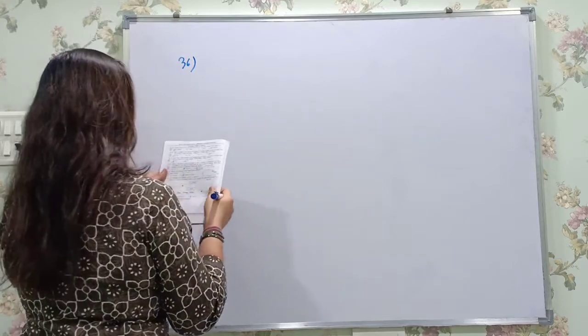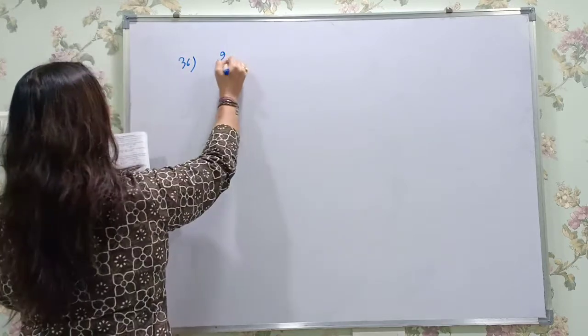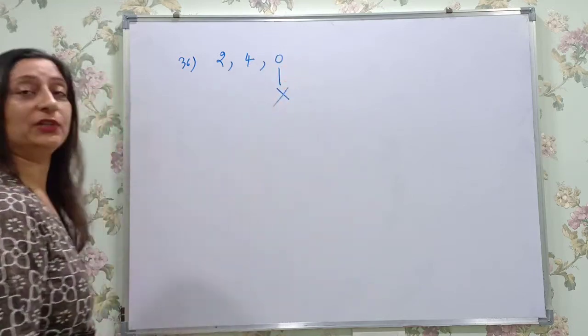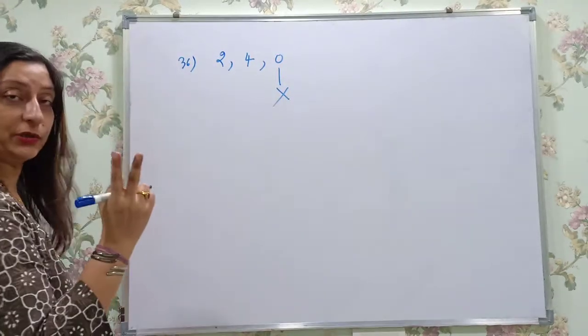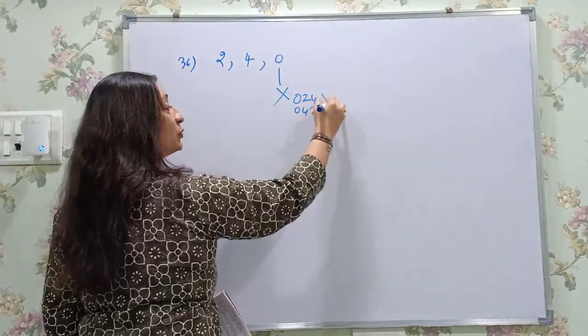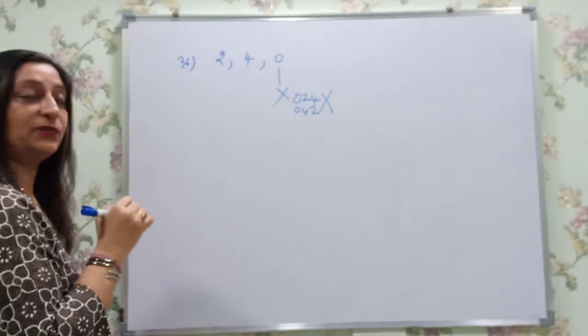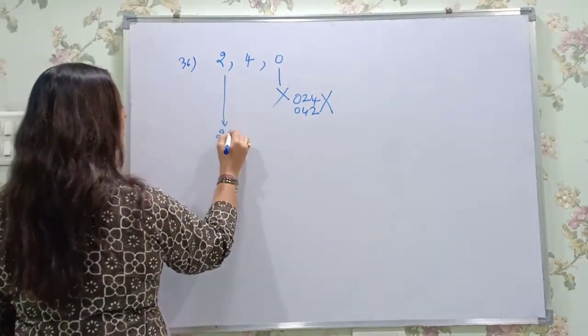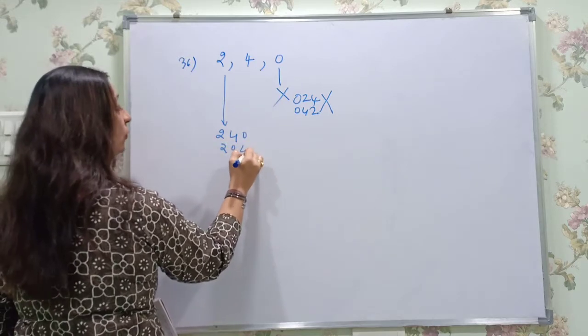How many 3-digit numbers can you make using the digits 2, 4 and 0? Now out of this we cannot make any digit. We can make 2-digit numbers like 0, 2, 4, yeah, 0, 4, 2. We can make these 2. But these are not 3-digit numbers. We are supposed to make 3-digit numbers. So using 2 we will make 240 and 204.